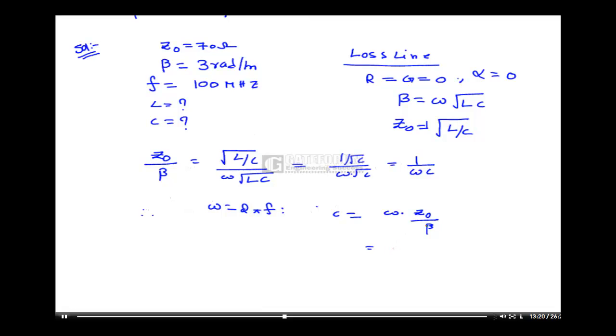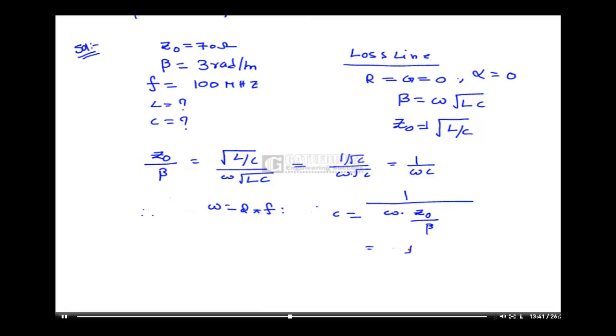Therefore, C is equal to 1 by omega into Z0 by beta.